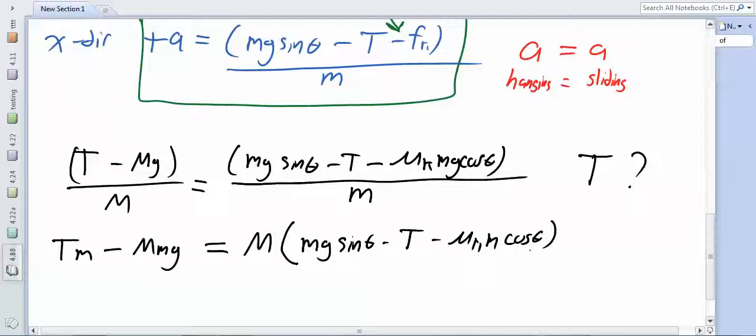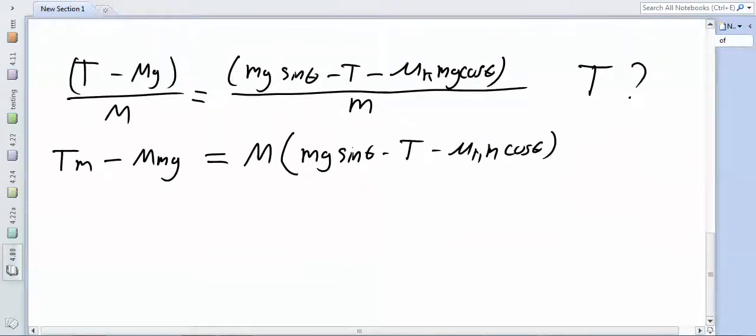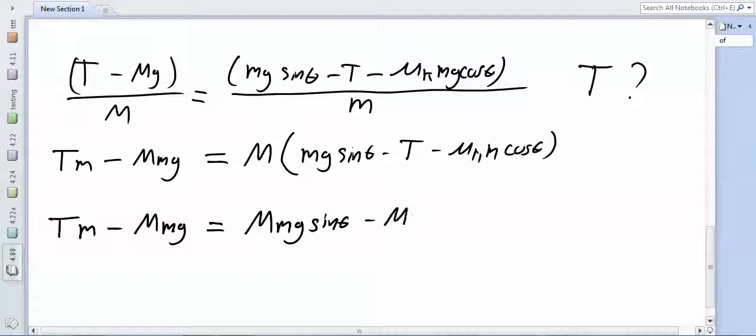So now I'll multiply out the bracket that I have on the right hand side. So I have T times little m minus big M little m g equals big M little m g sine of theta minus big M T minus mu k big M little m cosine of theta.